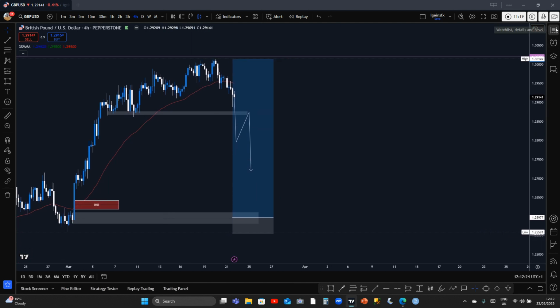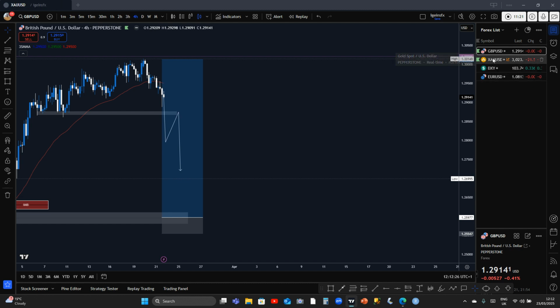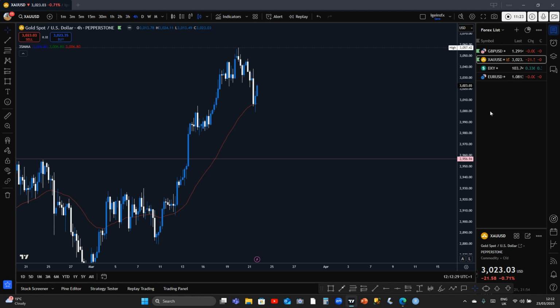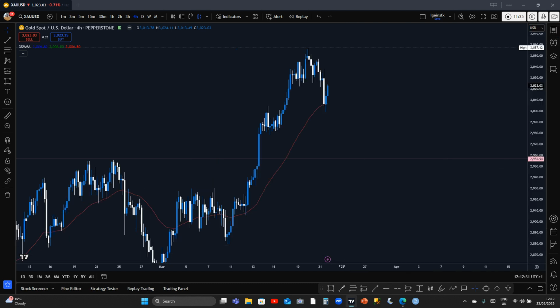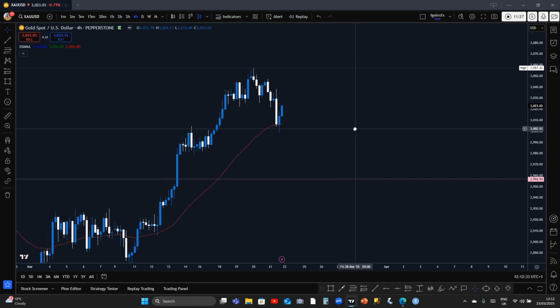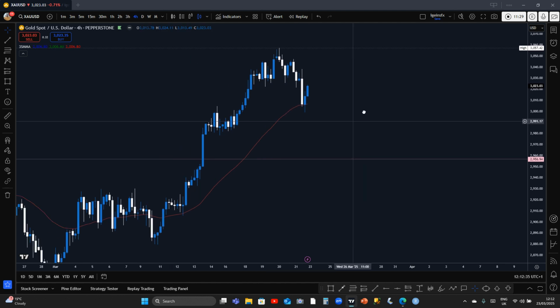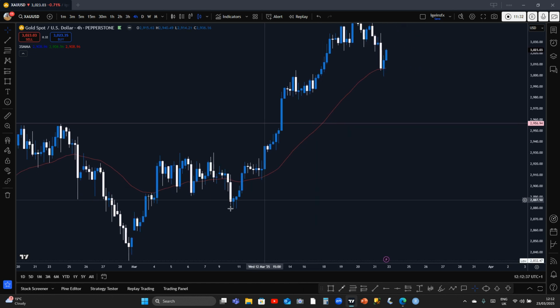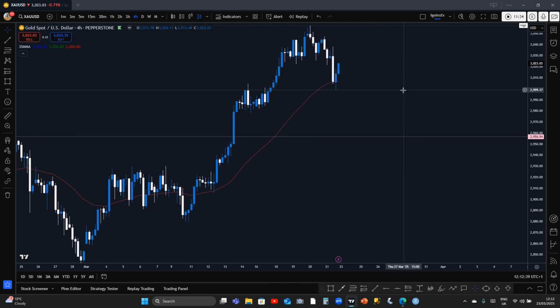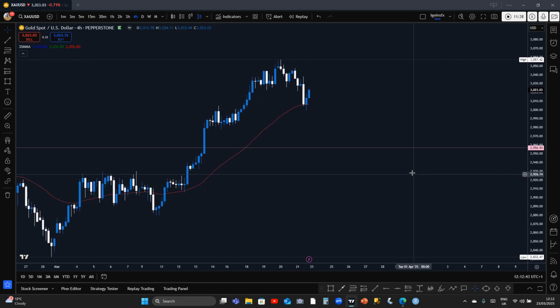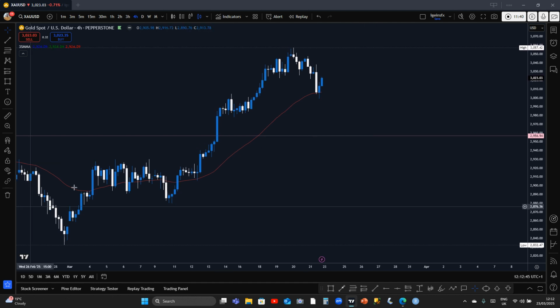Then we move to gold USD. All right, gold, on the other hand, has been bullish. We know that gold has been bullish all along, and the bullishness still continues.